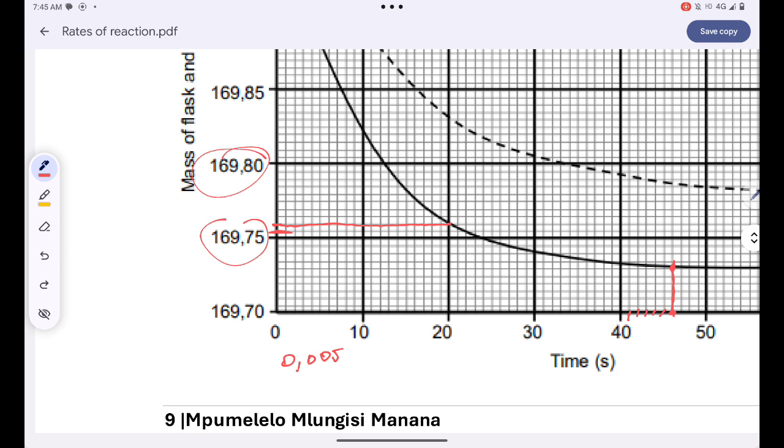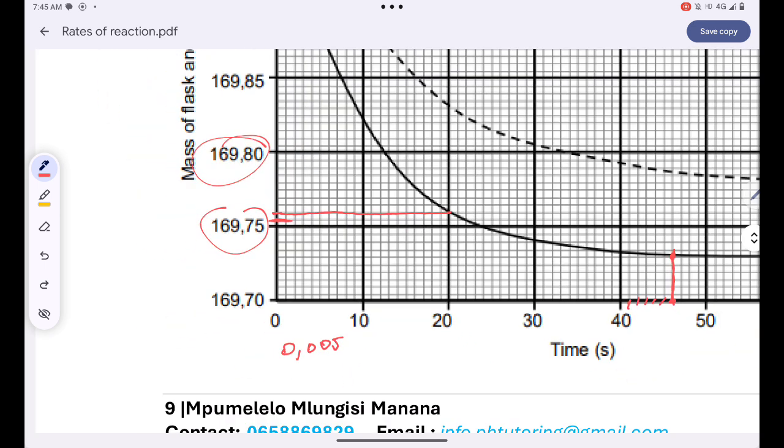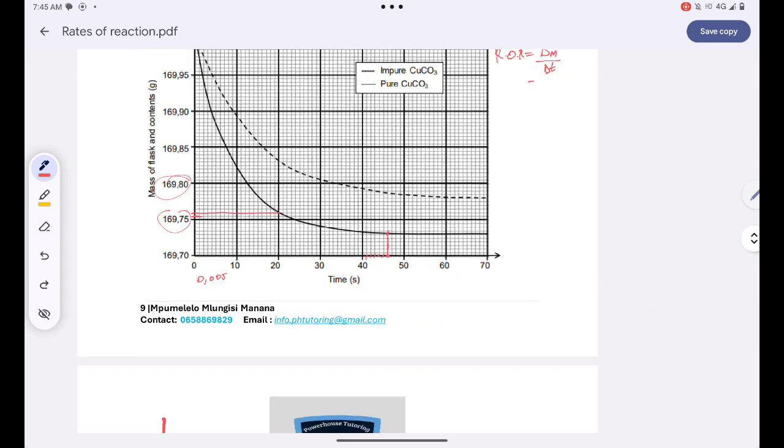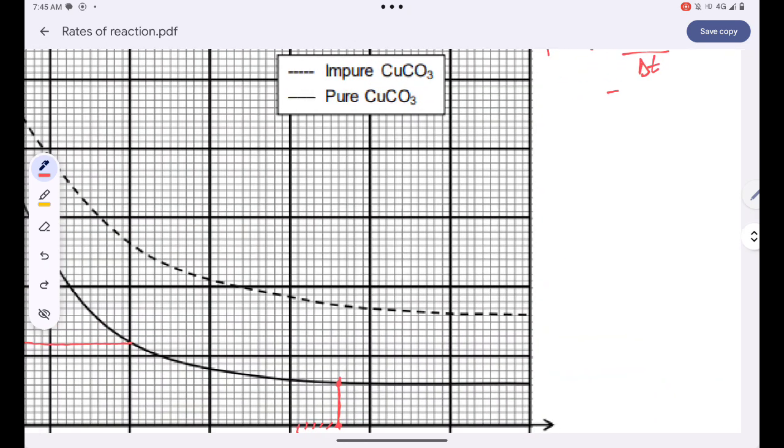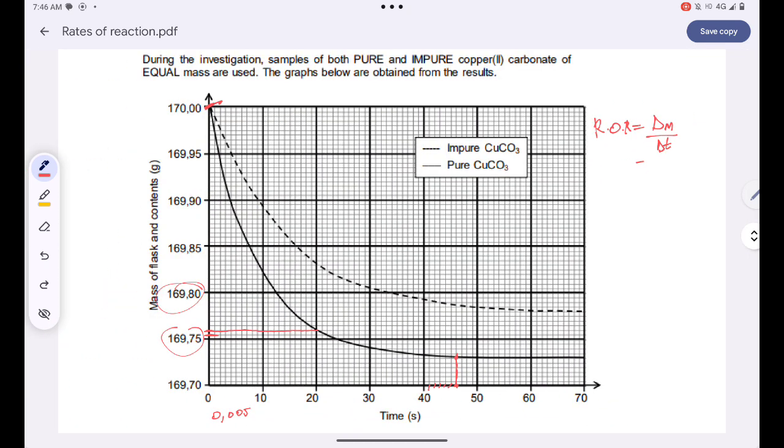Firstly I get 169.755, as I just said, and then second I get 169.76. So the mass over there is just 169.76 grams. So for me to find the rate of reaction, I'll say the final mass is 169.76 minus the initial mass, which was 170.00, all over the time, which is 20 seconds.